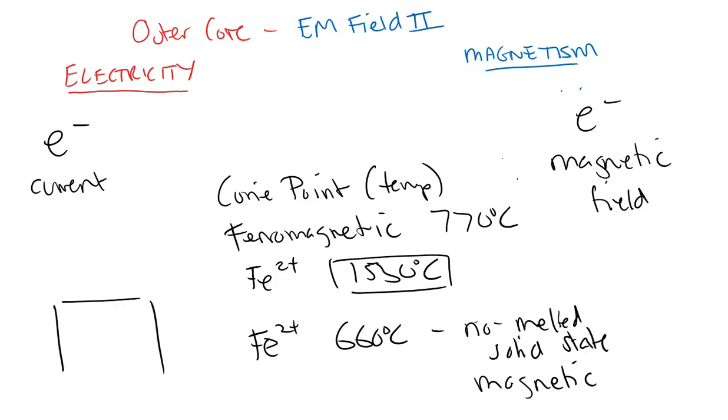Basically, you've got this big block of iron, and you have all of these electrons, and when it's colder or solid it's magnetic, it forms in these same lines. So these electrons and the charge are all pointing the same direction. They're all aligned.